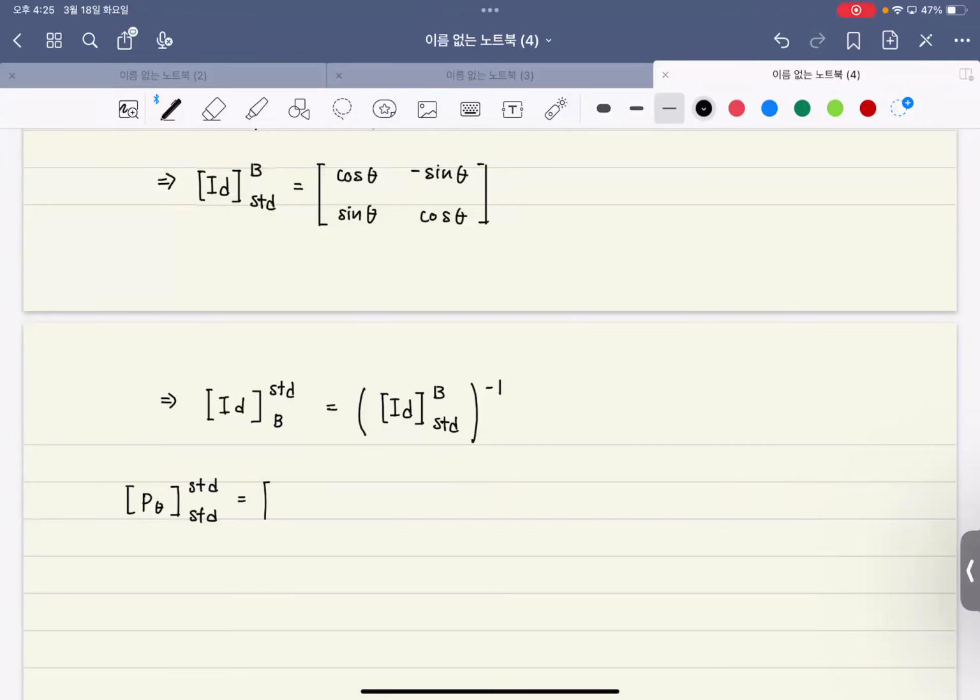But I can think of this as an identity followed by the projection followed by another identity: the identity from standard to B, times the projection from B to B, times the identity from B to standard.